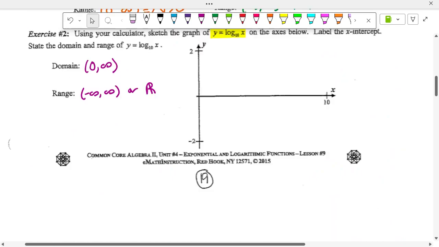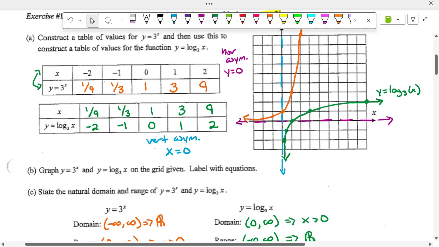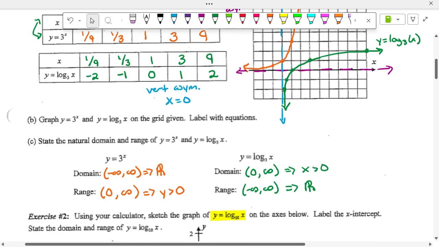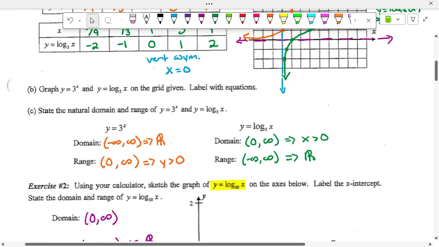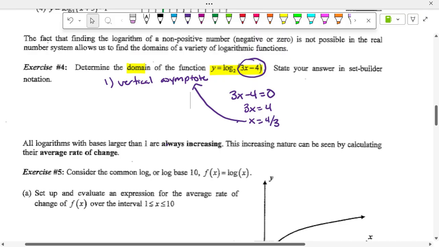So recall the previous page. All right. Our domain always started with our what? It started with whatever the vertical asymptote was. So what's my lowest number here? 4/3. So it's going to start at 4/3.